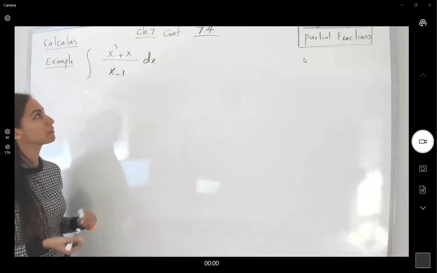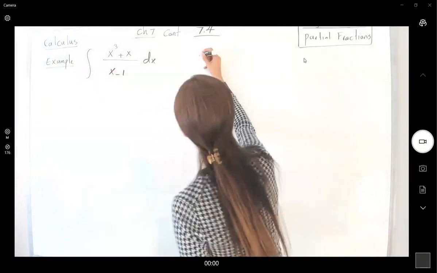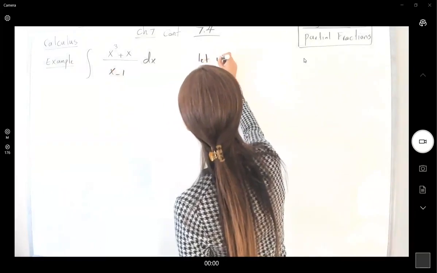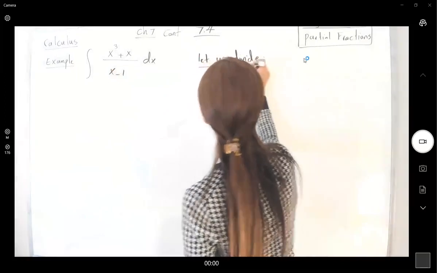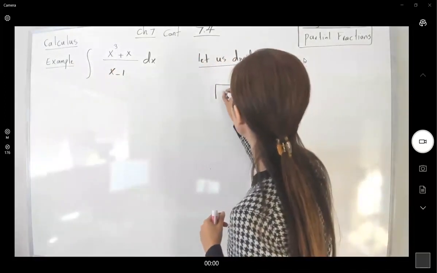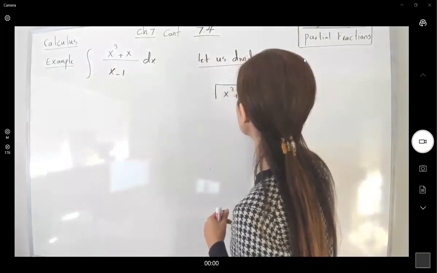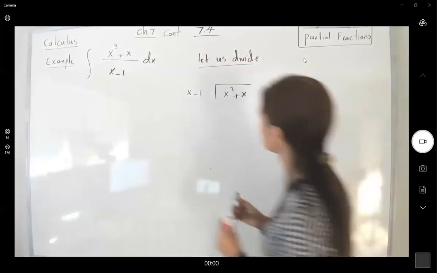If we do long division, let's see what we have. So let us divide. We have x cubed plus x and x minus 1.